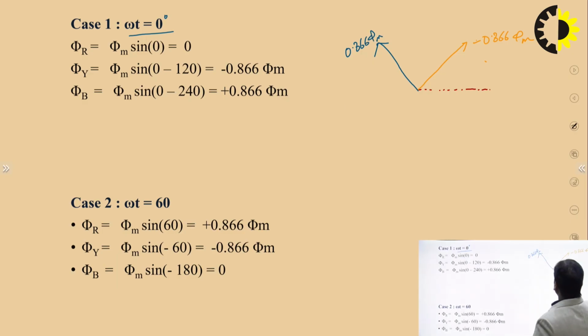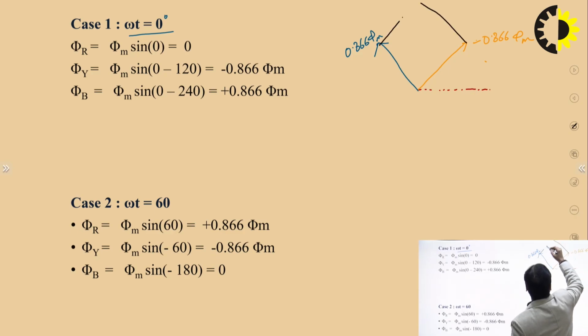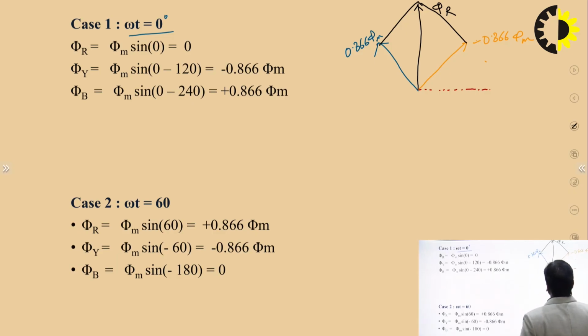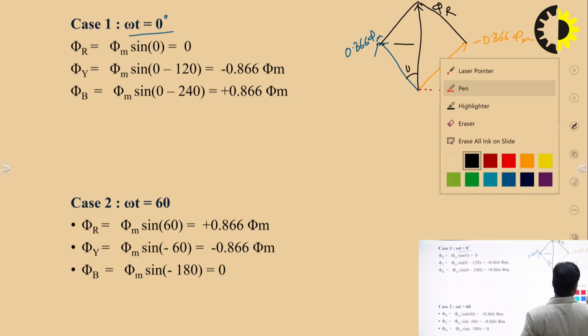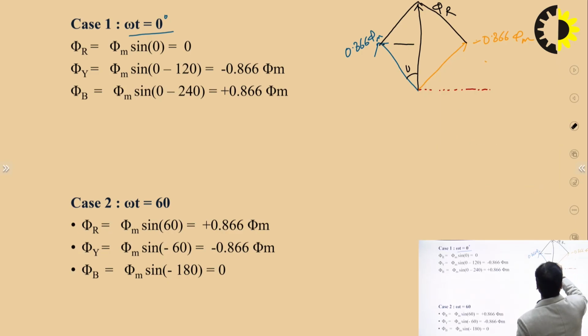And if you take the resultant of both, it will be something like this, and this is the resultant, that is phi r. So phi r can be calculated. Suppose this angle is 30 degrees.